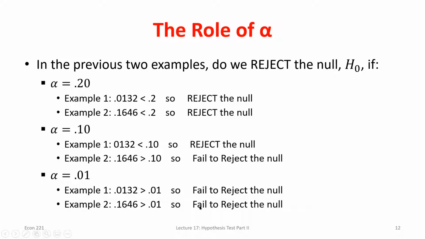The same example, finding the same p-value, your rejection decision depends on what level you want to reject at. The lower the alpha, the more difficult it is to reject the null, because with a lower alpha you need to say something with a higher level of confidence, and that's harder to do.